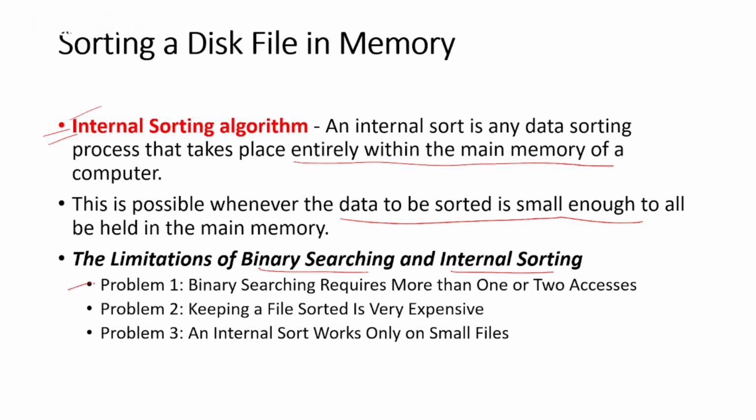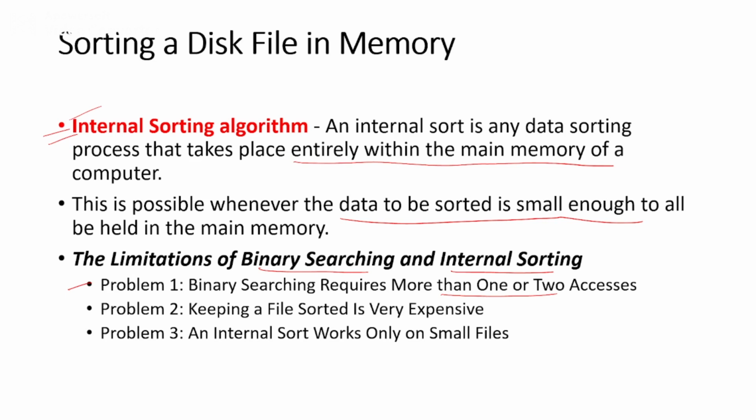So the first problem we have is that binary searching requires more than one or two accesses. See, if we compare binary search with the sequential search, obviously binary search is good. The performance is better than sequential search, because in sequential search it is directly proportional. Whenever you are increasing the number of records in your file, it will directly increase the time consumed, and it will increase the number of searches also.